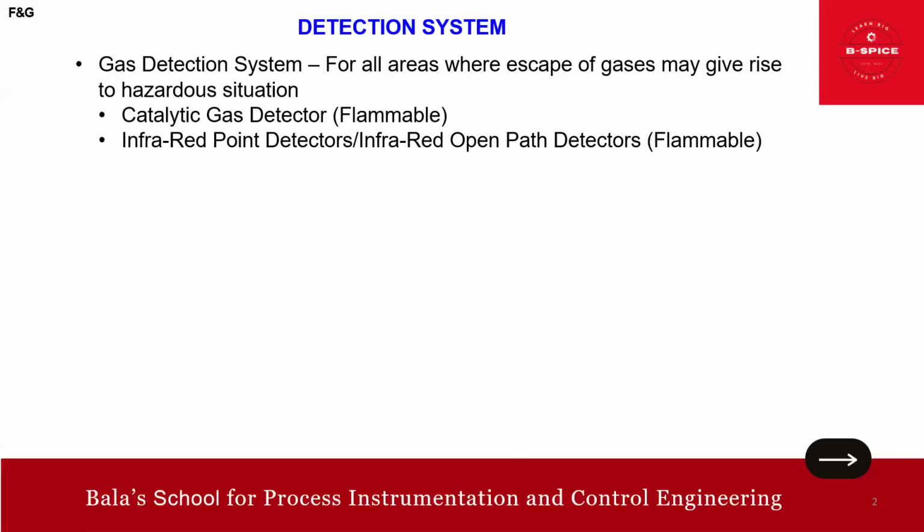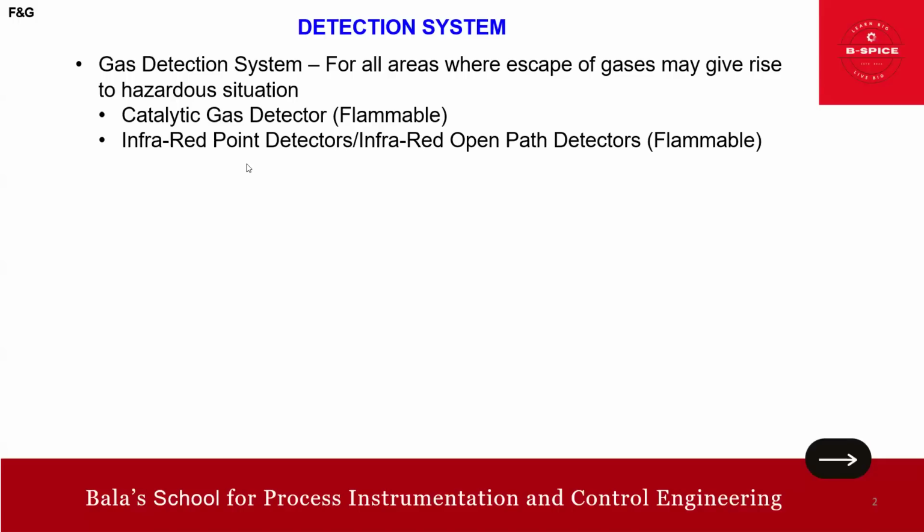Infrared detectors are generally used for detecting flammable gas, and they come in 2 main types, which I mentioned here. One is the point detector, the other is the open path detector. What are the features of the point detector?